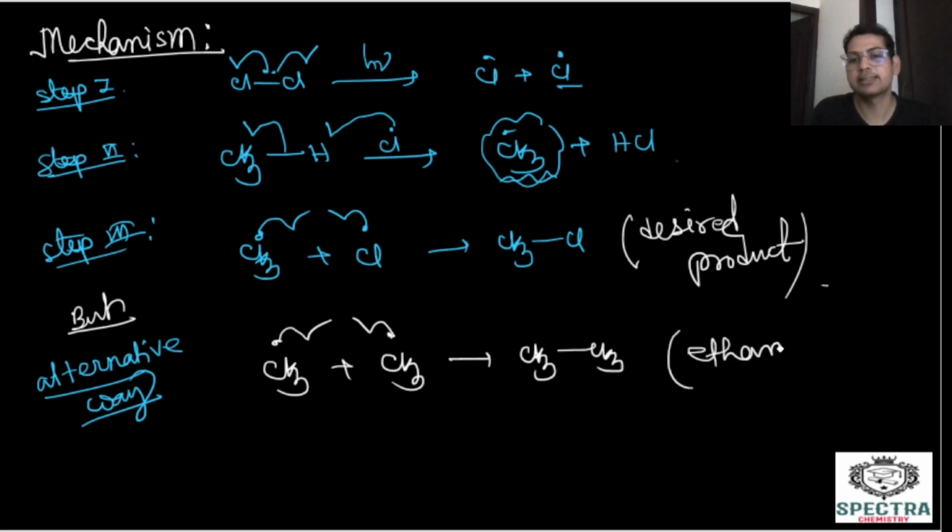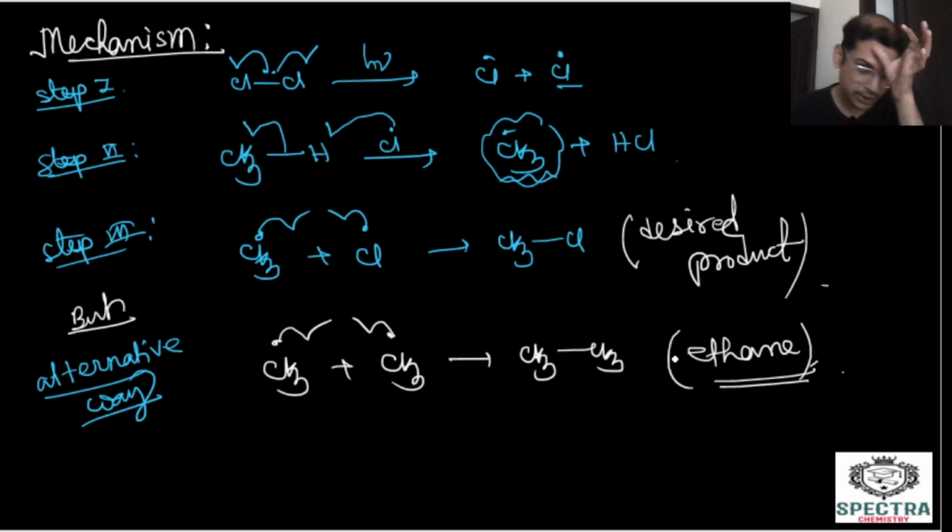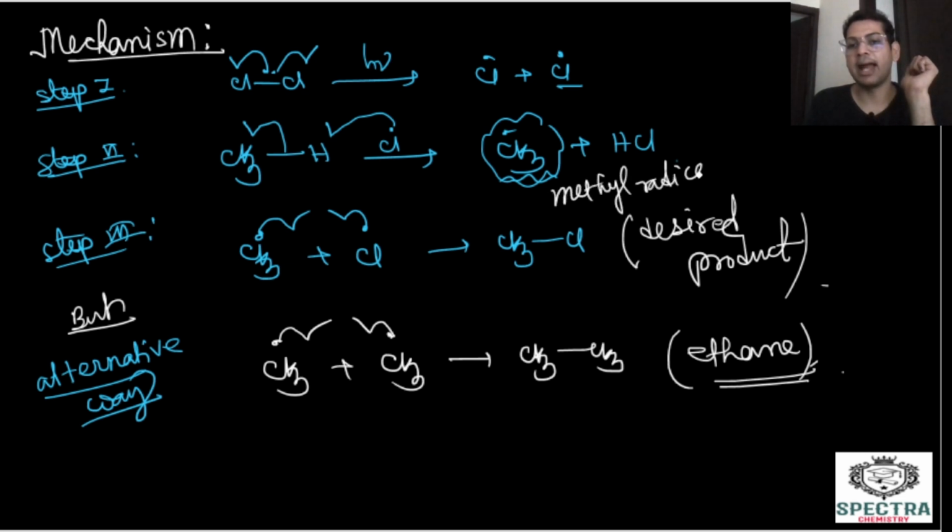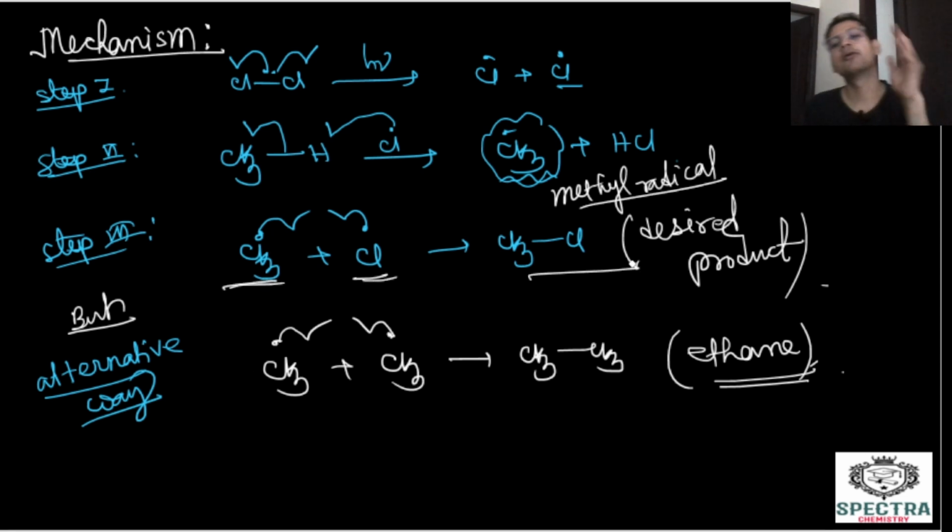So this is the reason why you are getting ethane as a product when doing chlorination of methane with Cl2, h nu, because you are getting methyl radicals. If a methyl radical reacts with a chlorine radical, you get your desired product, but if one methyl radical and another methyl radical react with each other, they give ethane.